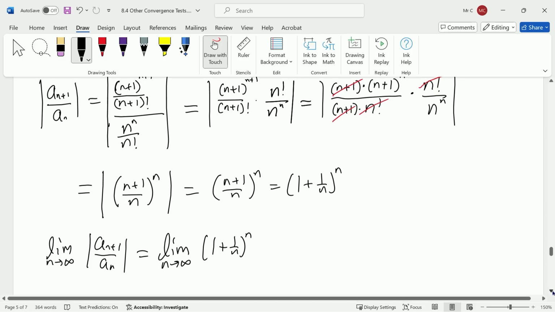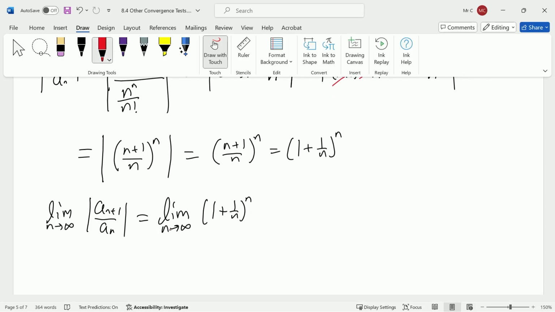And you may or may not recall that this limit is the definition for e, the number e. So if you know that, rather than computing this the long way, I'm totally fine with a student just saying, hey, that's e. I know what e is.